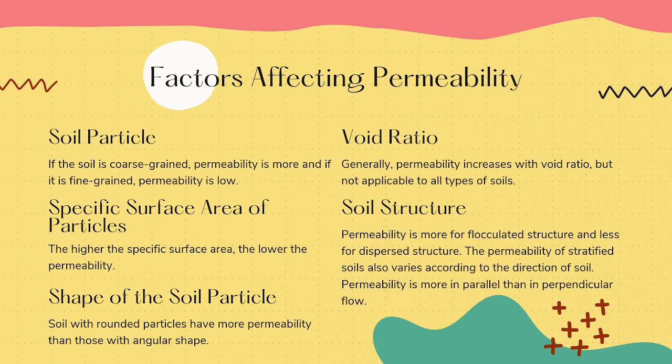And next is the soil structure. The permeability is more for flocculated structure and less for dispersed structure. The permeability of stratified soils also varies according to the direction of flow. The permeability is more in parallel than in perpendicular flow.